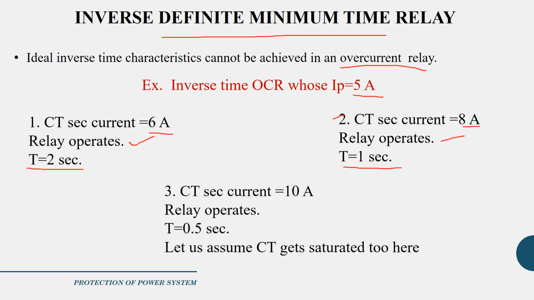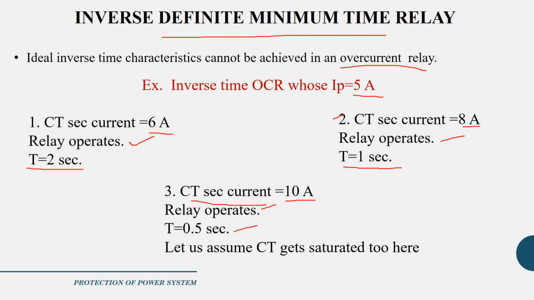Now as the system current increases, the CT secondary current also increases proportionally. So when the system current has increased further, the CT secondary current measured during a fault is 10 ampere. Since 10 ampere is also greater than 5 ampere, the relay will operate, and the time of operation here will be 0.5 seconds. But in this case, the CT becomes saturated.